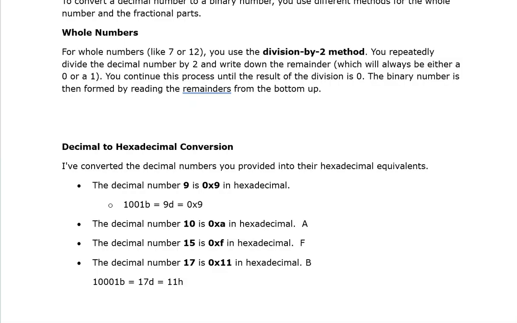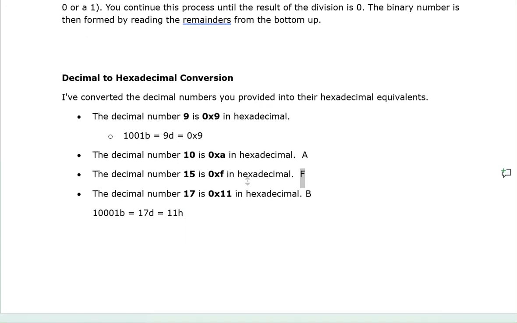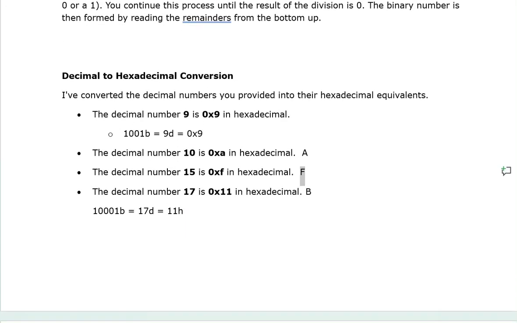Okay, so we'll find out that the decimal 10 is a hexadecimal A. Well, I have a lowercase a, so same thing. Decimal 15 will be hexadecimal F. And then a decimal 17 will be... Sorry, this is incorrect.